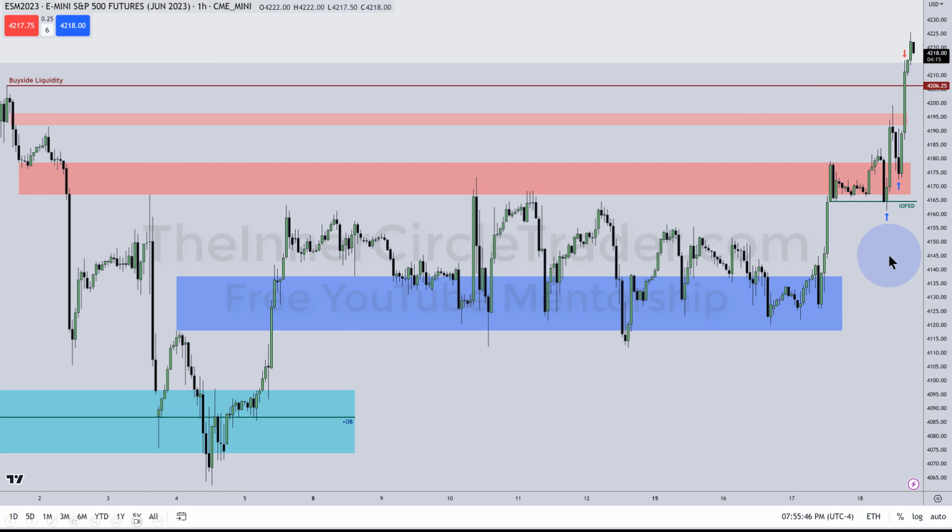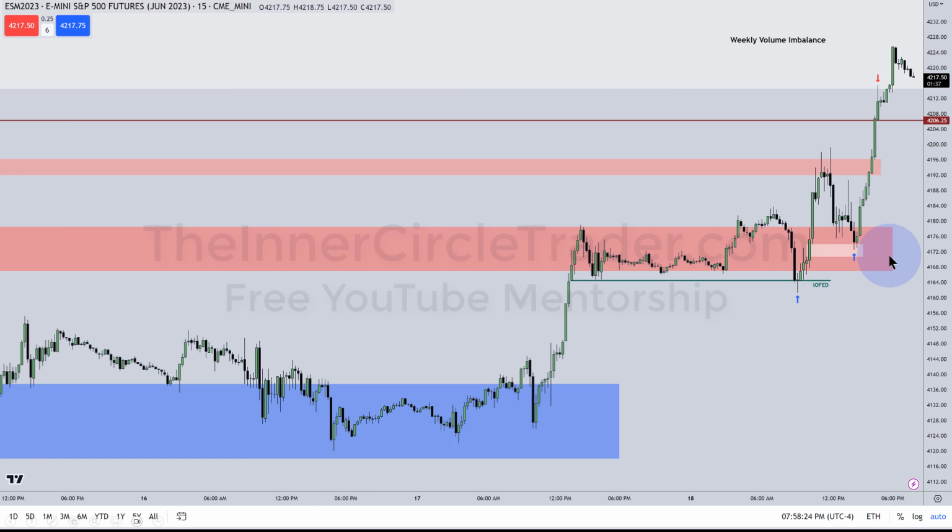Dropping down into a 15-minute candlestick chart, you can see that we had that institutional order flow entry drill. It drops down here during the morning session. This is a Judas swing. It rallies up. What is a Judas swing? It's a fake move. Okay, so it rallies up, creates a 3-drive pattern. I did 2 trades in here.